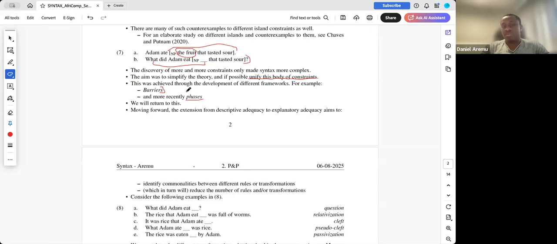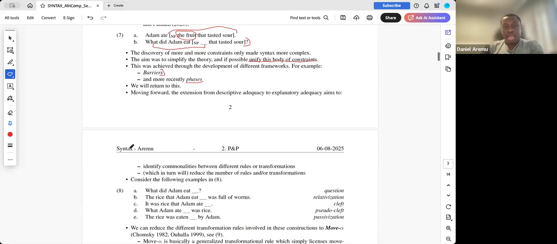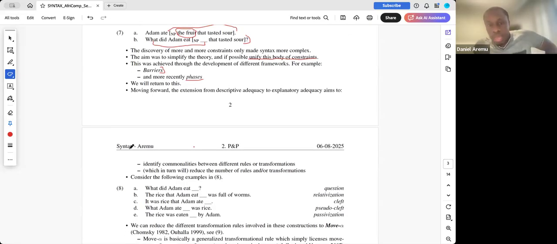And then we also have phases; I think on Friday when we talk about minimalism, we will look at phases, but today we are not going to touch that. So we just look at barriers and subjacency, like someone asked earlier. And another aim: if you remember, we said that we want to move beyond descriptive adequacy to explanatory adequacy.